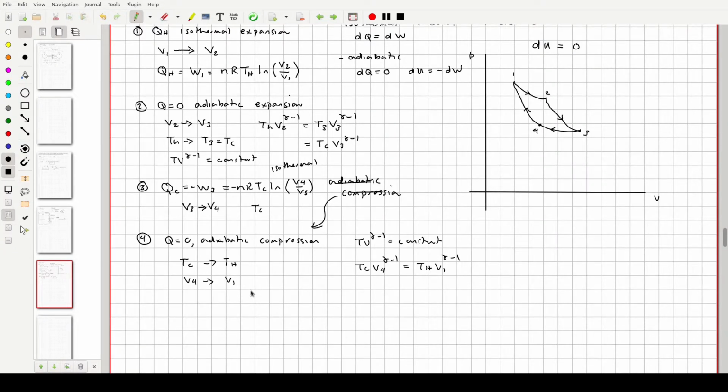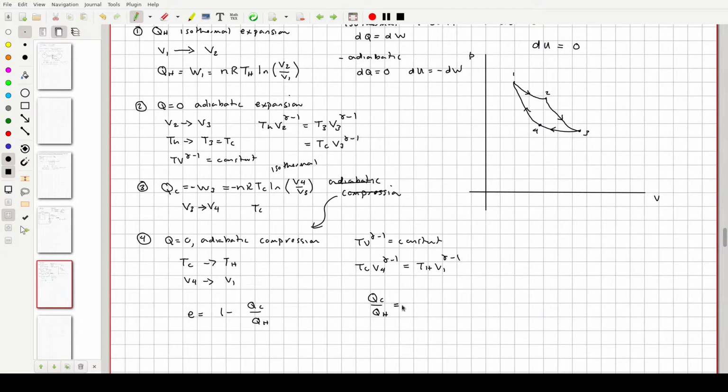So now let's take a look at the efficiency. The efficiency here is going to be 1 minus QC over QH. And what I'd like to look at right now is just this ratio QC over QH. So as written, at least superficially now, QC is negative and QH is positive.